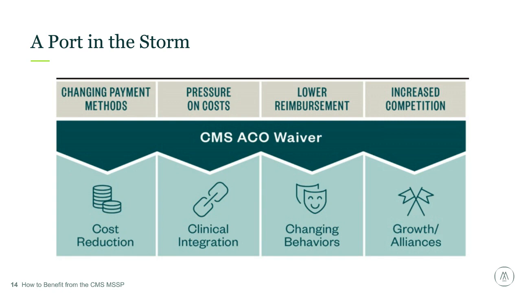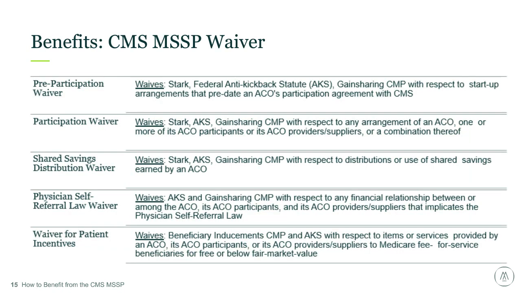So what we're going to talk about now is the power of the CMS ACO waiver to help us with that cost reduction, being deemed clinically integrated when we file for our CMS MSSP, and being able to use that waiver in a clinically integrated network to change behaviors and help us grow alliances and networks that are developing to collaborate, integrate, and transform the healthcare that we are delivering.